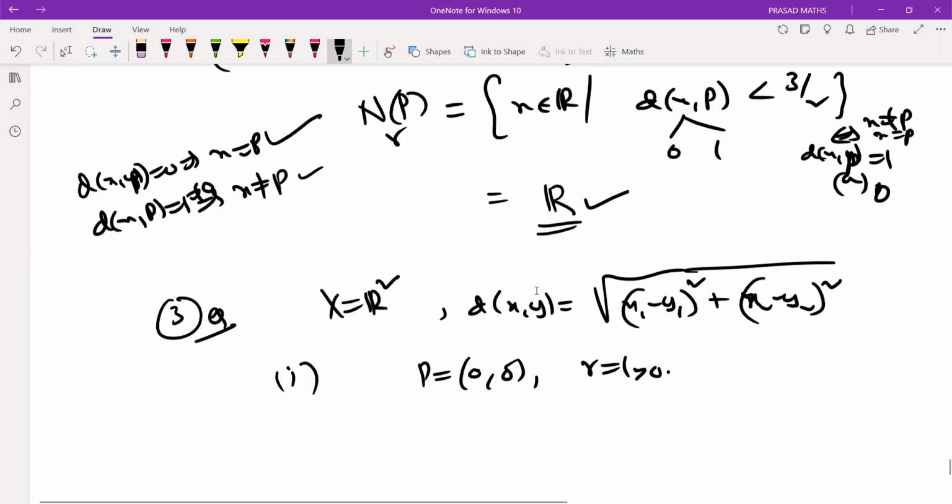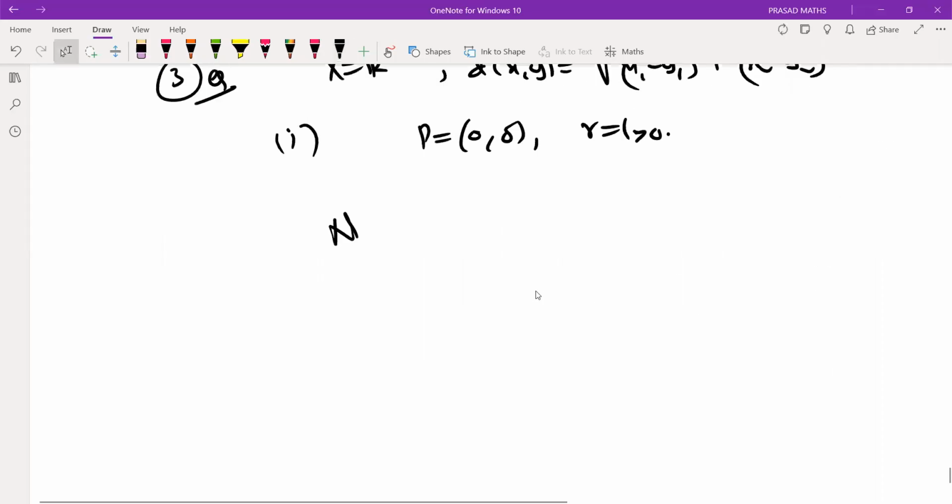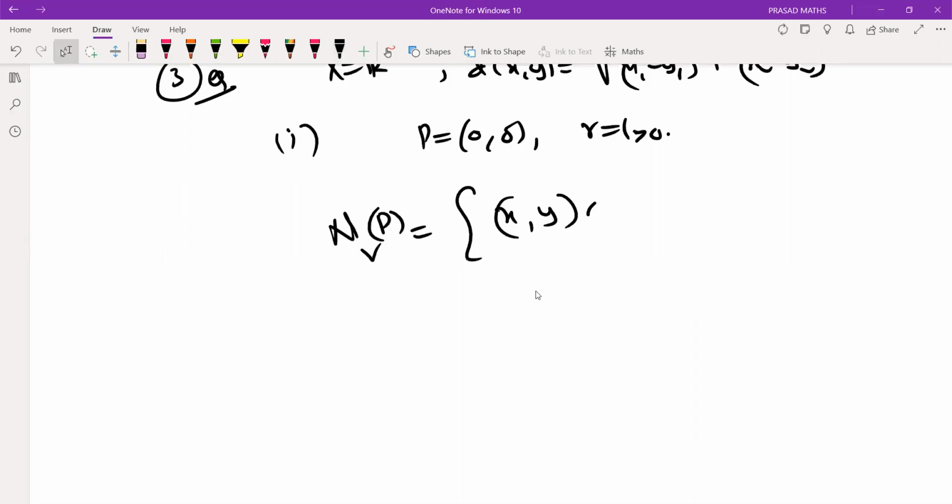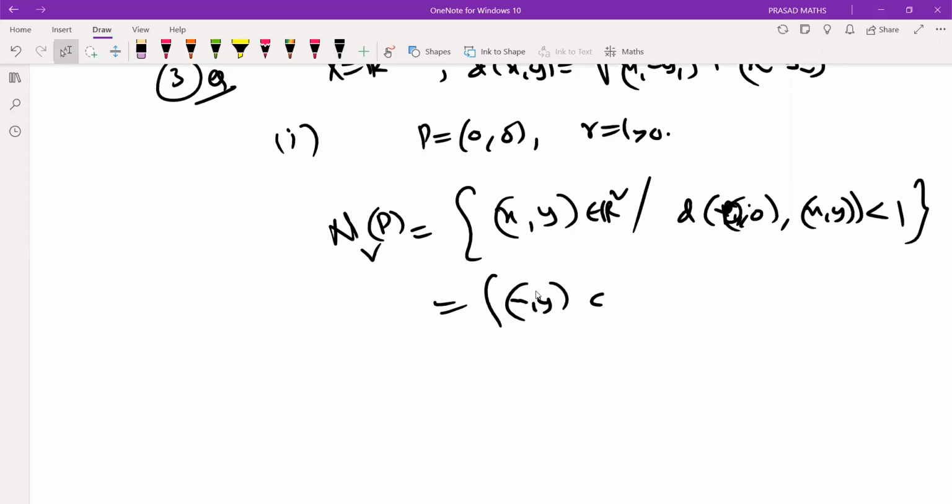What is the neighborhood? The neighborhood of a point P with radius R is exactly the set of all points, which are ordered pairs because we are working in R2, such that the distance between P, which is (0,0), and (x,y) is less than R. The distance is the Euclidean distance: the square root of (x minus 0) whole square plus (y minus 0) whole square less than 1.